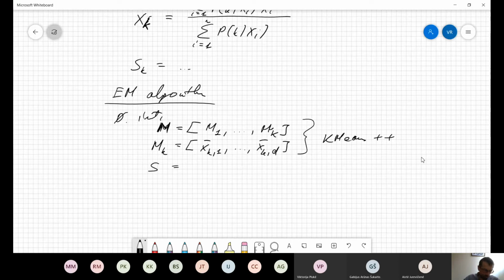The initialization of the covariance matrices is now a bunch of matrices, which is slightly more complicated.